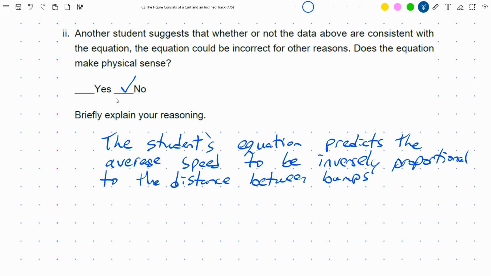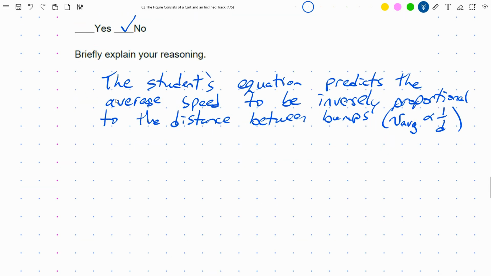In other words, V average is inversely proportional to D. So that's what the equation is predicting.